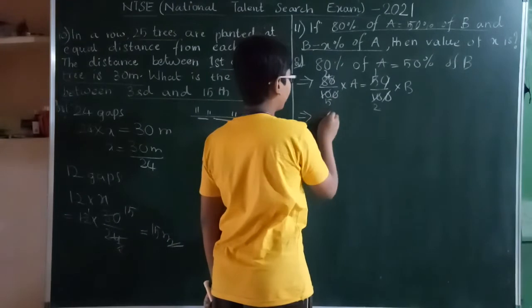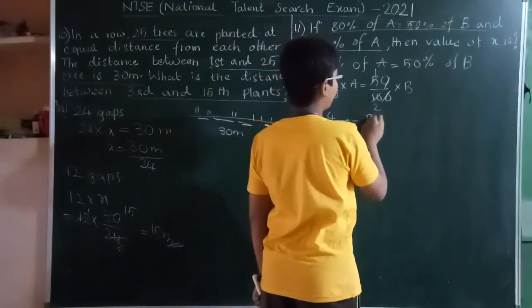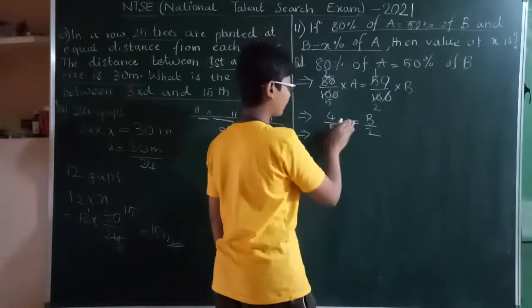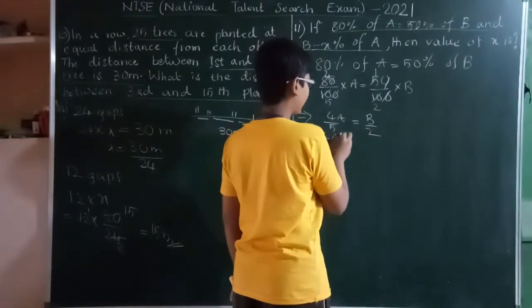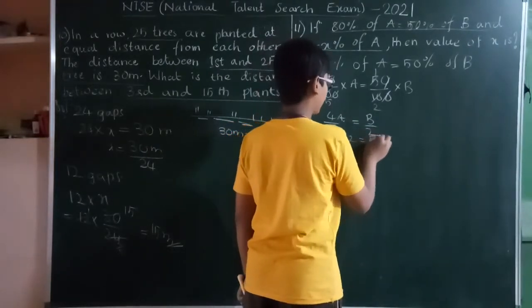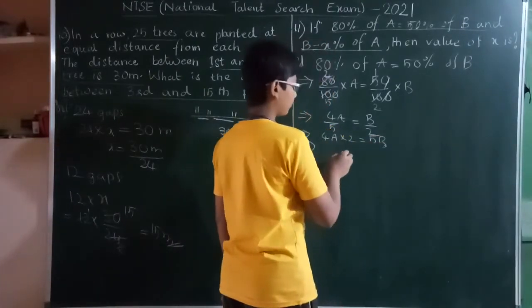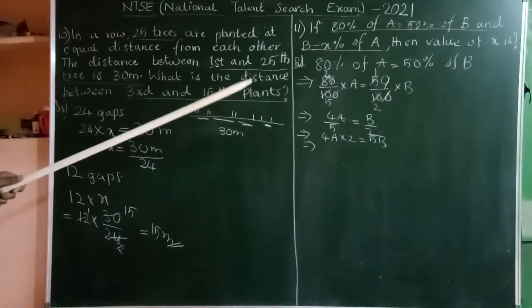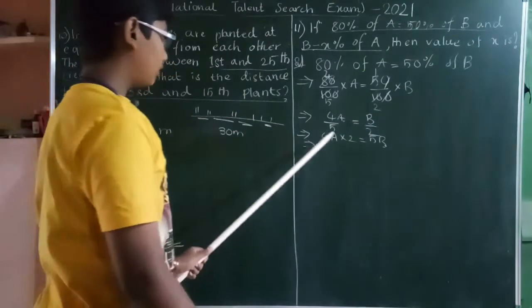So 4 by 5 A is equal to B by 2. Cross multiply: 4A into 2 is equal to 5B.